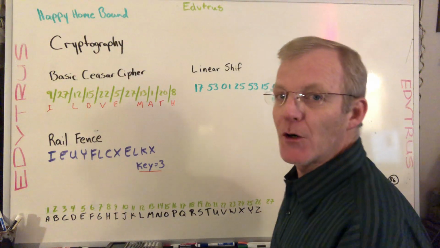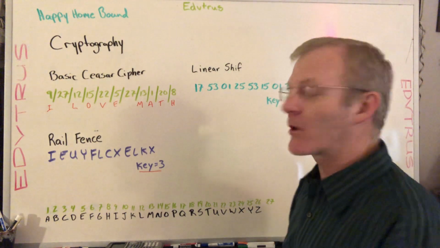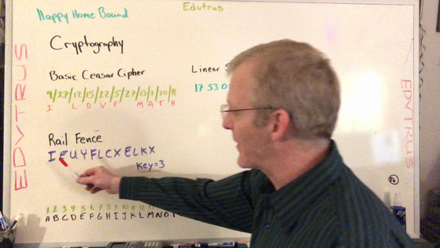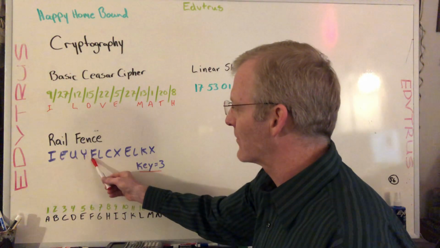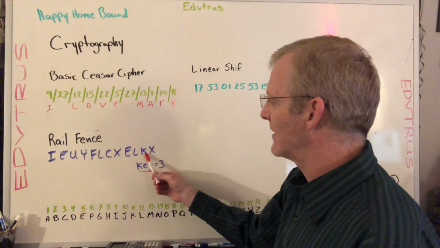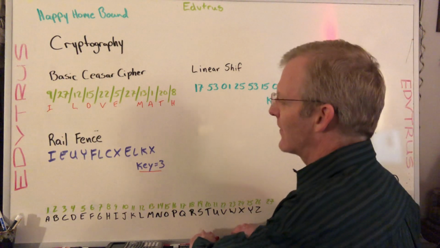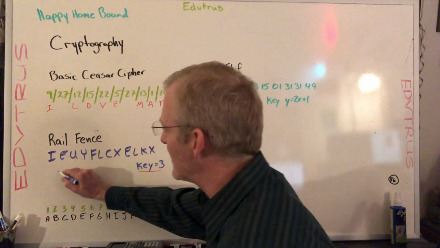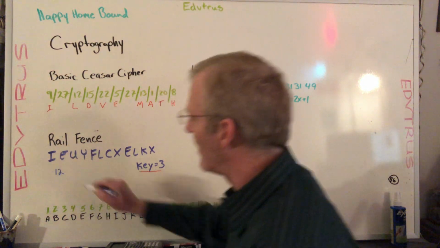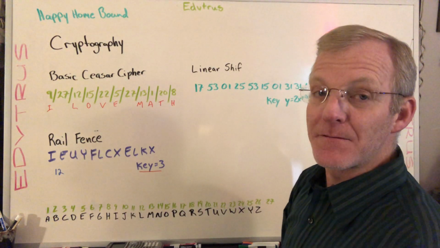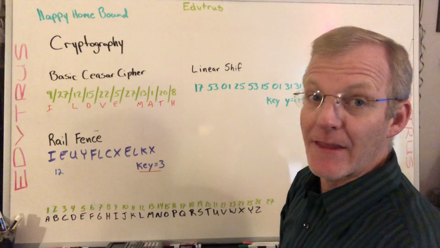So here's what we're going to do. We're going to total up how many letters there actually are. So let's count that. 1, 2, 3, 4, 5, 6, 7, 8, 9, 10, 11, 12. So we've got 12 letters there. And I told you the key was 3. So 12, what we do in the rail fence is divide the total number of letters by the key.